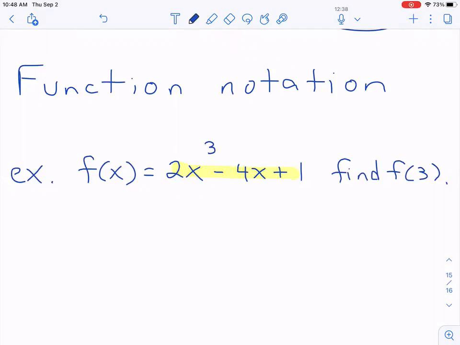So when it says find f of 3, that just means I'm gonna make this x a 3 and this x a 3. So let me write that out. So 2, then I'm plugging in a 3, that's my input, minus 4, and I'm plugging in a 3, plus 1.